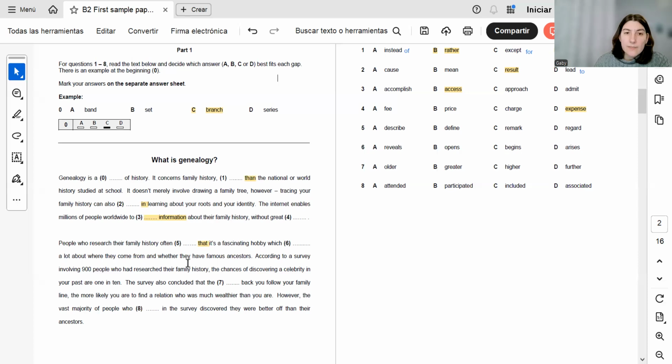Okay, so we want to say people who research their family history often say that it's a fascinating hobby. The only one that's a synonym of say would be remark. And describe, define would need describe it as, define it as, regard something as. So all of those would be used in combination with as.